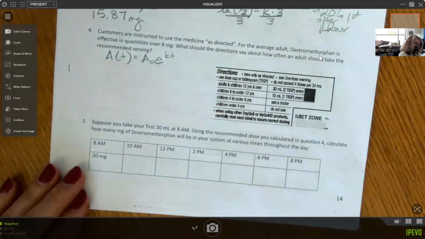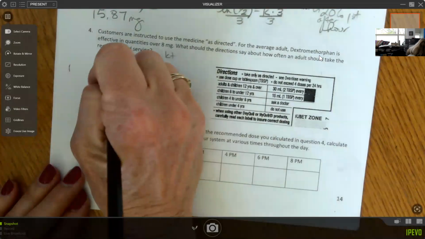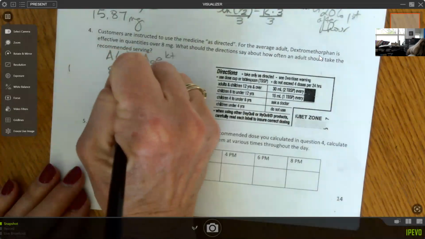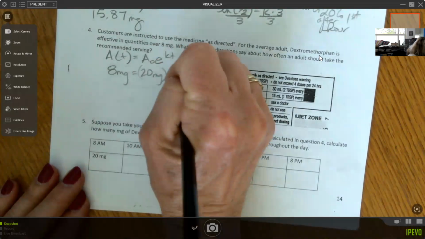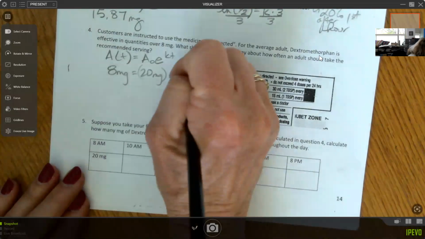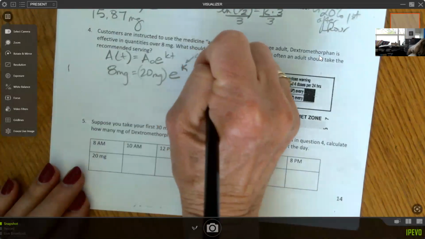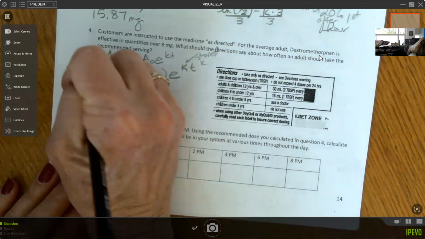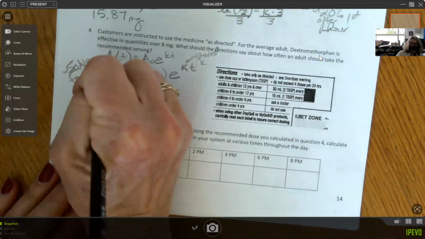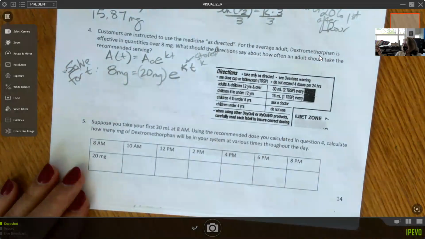That's the question, right? So I want to know how long it takes, and I'm going to use my stored k, and I'm solving for t. Solve for t. Okay, so are we good with the setup of this?